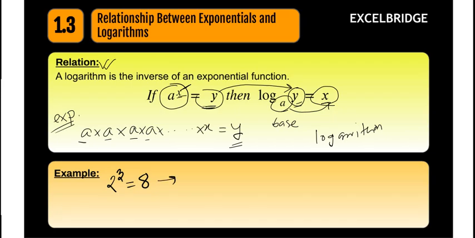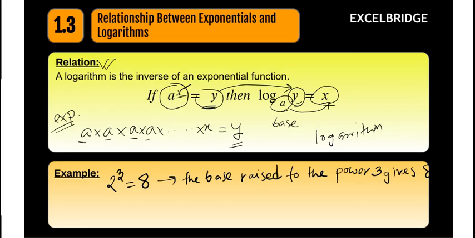where the base 2 raised to the power 3 gives 8 again.